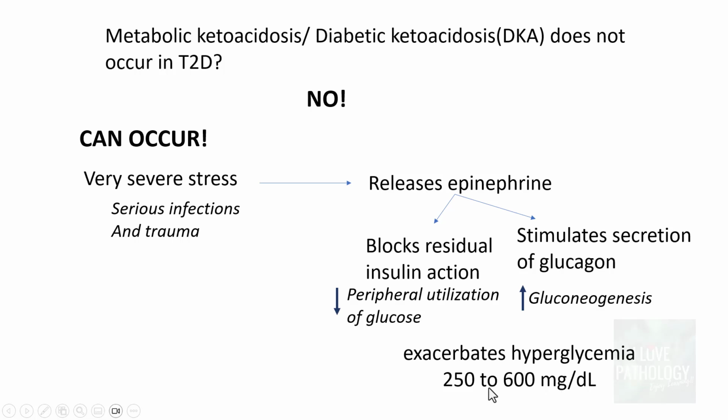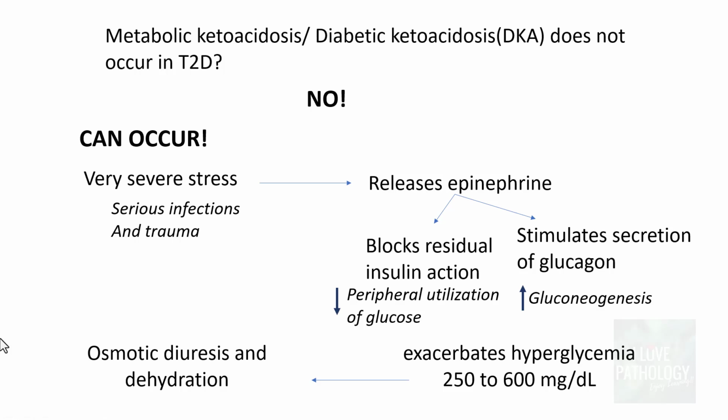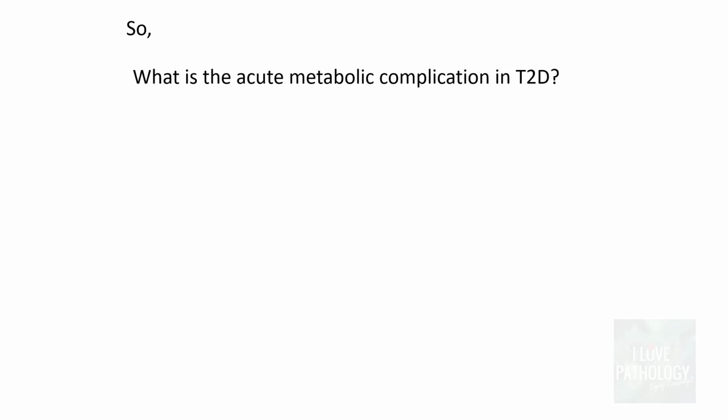So the blood glucose levels keep on increasing. It's around 250 to 600 milligram per deciliter, which can still result in osmotic diuresis and dehydration, which is basically a ketoacidotic state. So you can expect a diabetic ketoacidosis-like state even in type 2 diabetes mellitus.